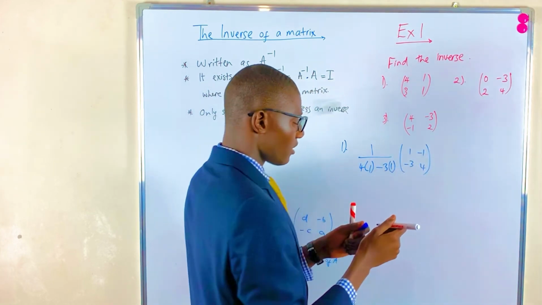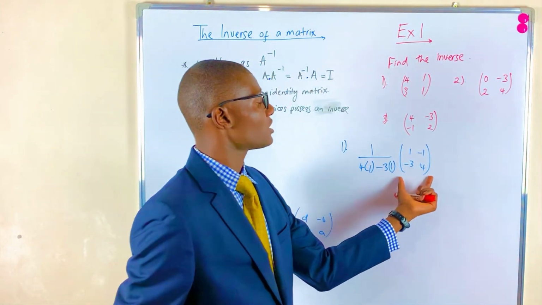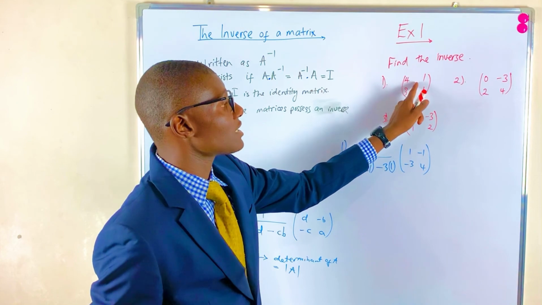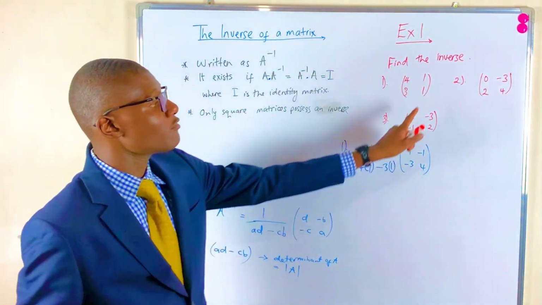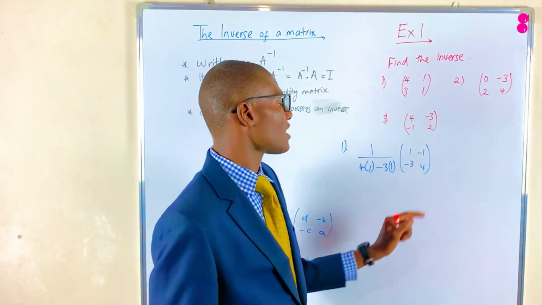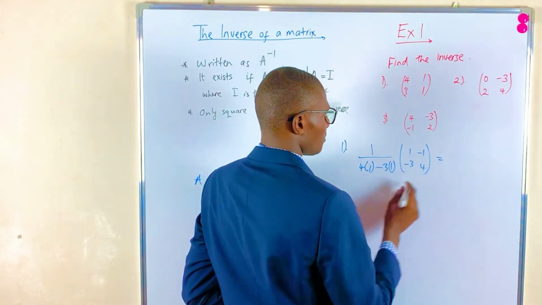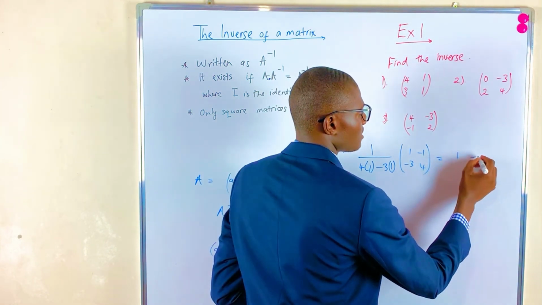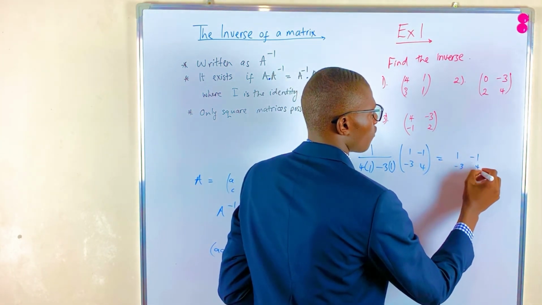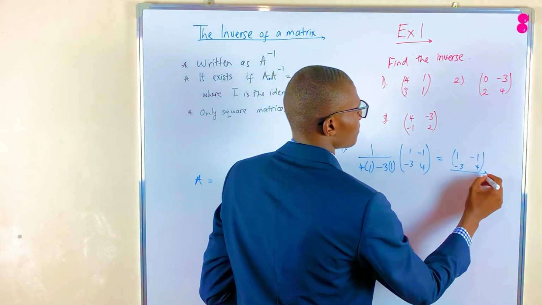So remember, for this matrix, we interchange A and D, and then for B and C we just change the signs. So 4 minus 3 gives us a 1, so this would be simply 1, minus 1, minus 3, 4 as the final result.